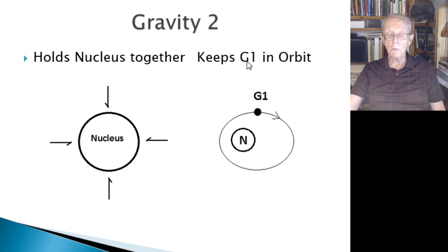G2 keeps G1, which is the alternate for the electron, in orbit. Remember at the beginning I said the G1 is a substitute for the electron, the photon, and the graviton. Okay, so in this position, the G1 is acting like an electron, and the nucleon is like neutrons and protons, but the G2 keeps this in orbit in a very direct gravitational sense, like Newton's gravity, like G1 gravity.